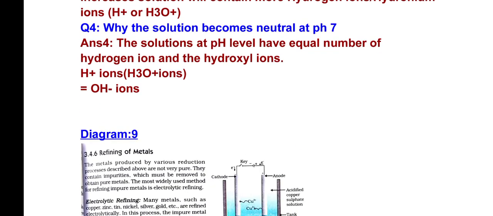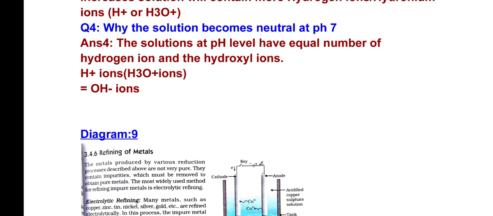Now, why does the solution become neutral at pH 7? The solution at pH 7 has an equal number of hydrogen ions and hydroxyl ions. Hydrogen ion is H plus ion, hydroxyl ion is OH minus ion.